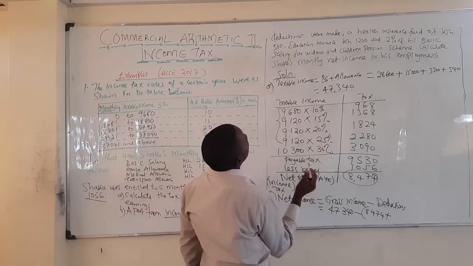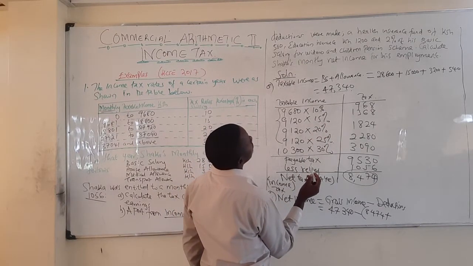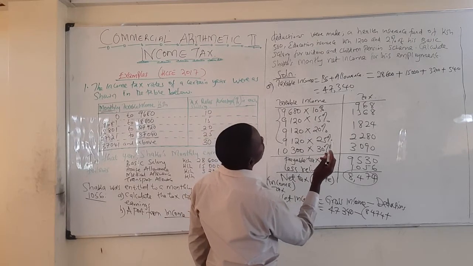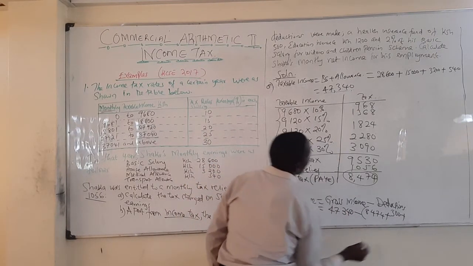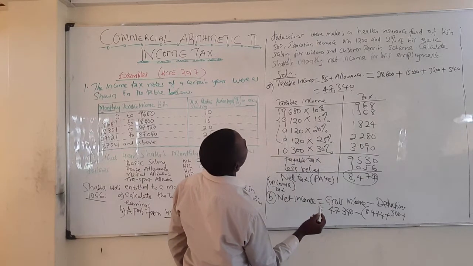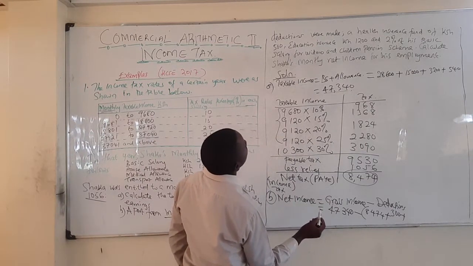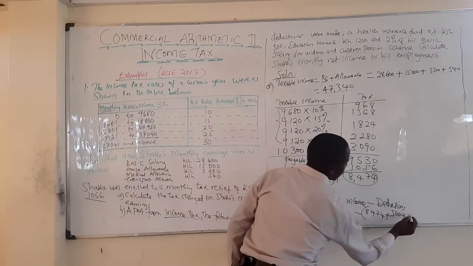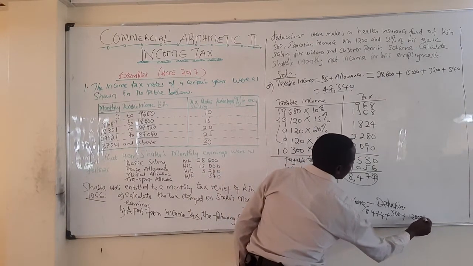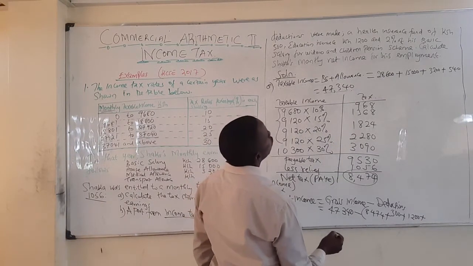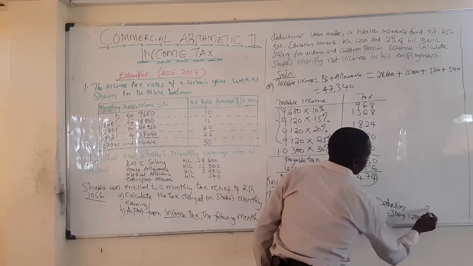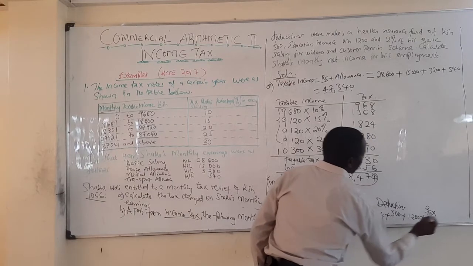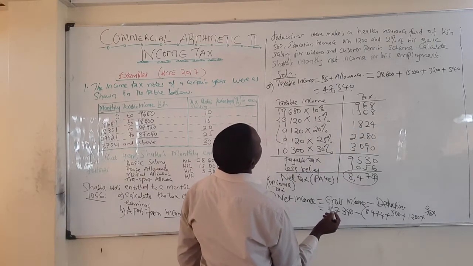Then we add the other deductions. We had deductions like the first one, health insurance, which is 500. We add the education insurance, which is 1,200, and then we add 2% of the basic salary, that is 2 over 100 times the basic salary.